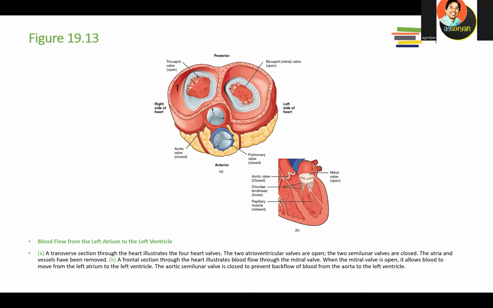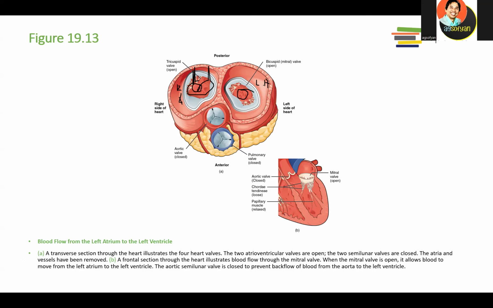This is the right side, right atrium, and this is the left side, left atrium. When the blood is going down to the ventricles, from the right atrium to the right ventricle, left atrium to the left ventricle, you see these valves are open. They open, so the blood can flow down from atria to the ventricles.